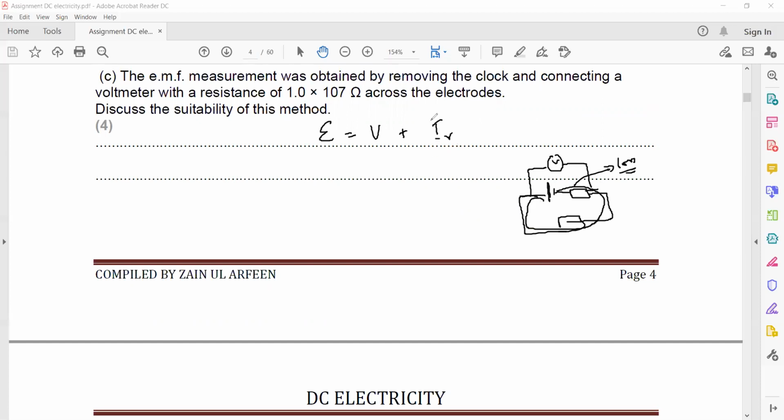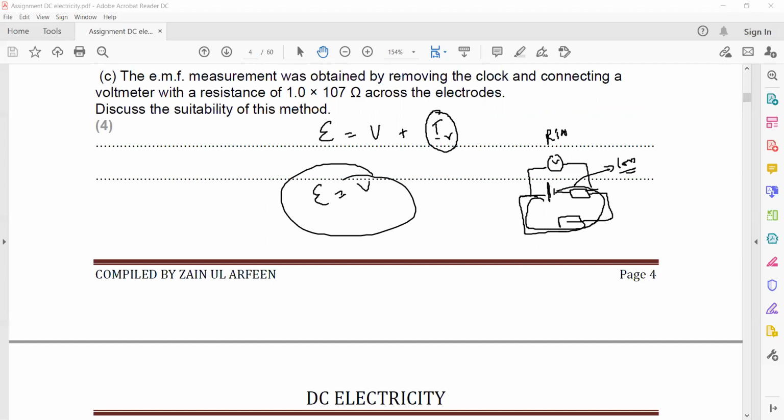We want the current to be zero. So if we connect a voltmeter with a very high resistance, about mega ohm approximately, or more than that, what happens to the current? The current will be approximately zero. So this whole factor will be zero. If this factor is zero, the voltage reading on the voltmeter will be the same as the EMF.